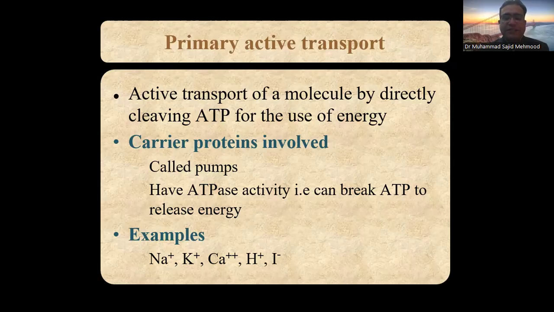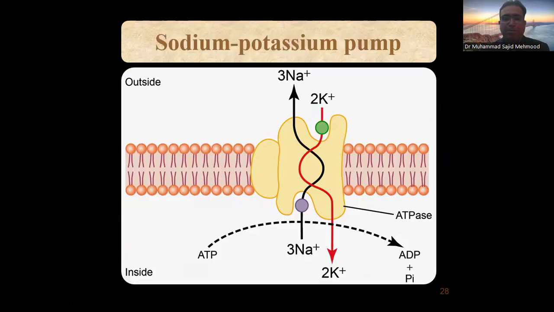Many of the substances like sodium, potassium, calcium, hydrogen ion, and iodides can be transported by the primary active transport. जो सबसे पर्टिकुलर एग्जांपल है प्राइमरी एक्टिव ट्रांसपोर्ट की, वो सोडियम पोटेशियम पंप है। वो क्या है?